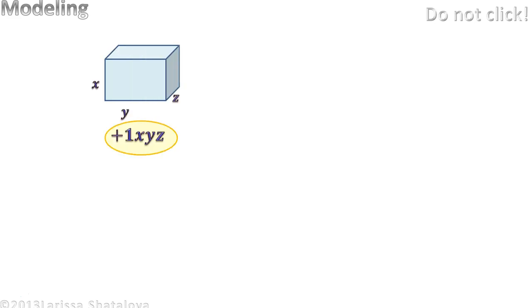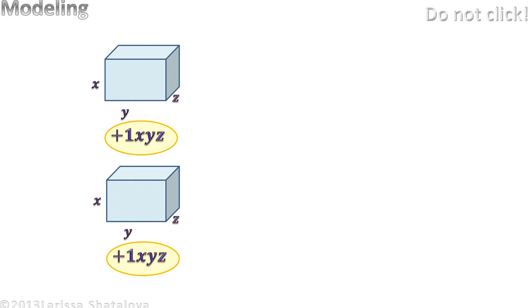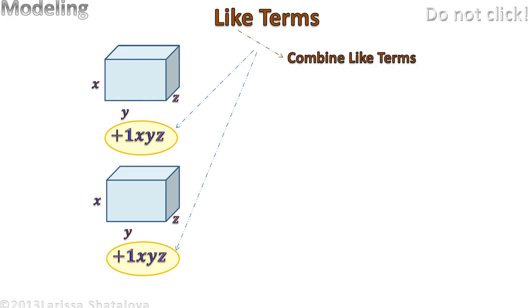One more example. We have the term positive 1xyz and a second term positive 1xyz. They are like terms because they have the same variable parts. Each of them has an x variable, y variable, and z variable. You can combine like terms physically.